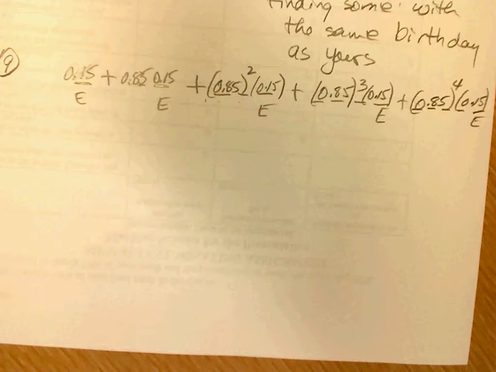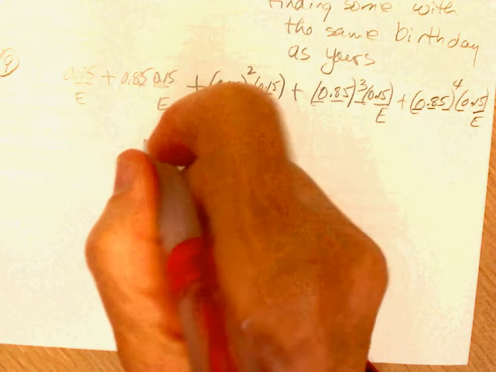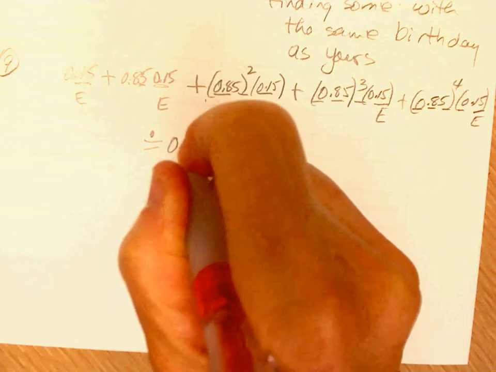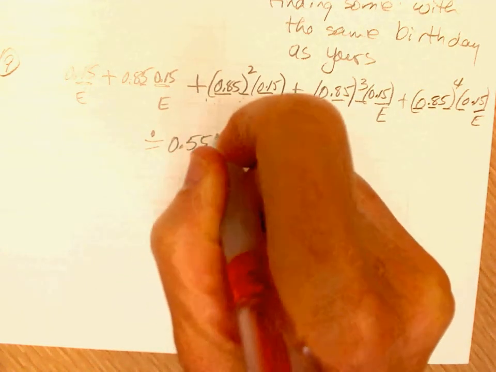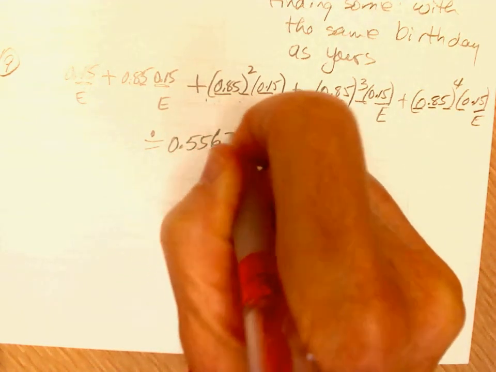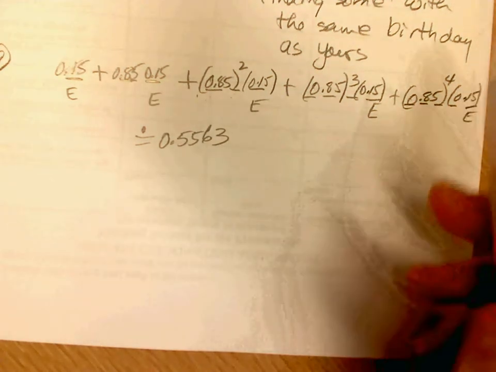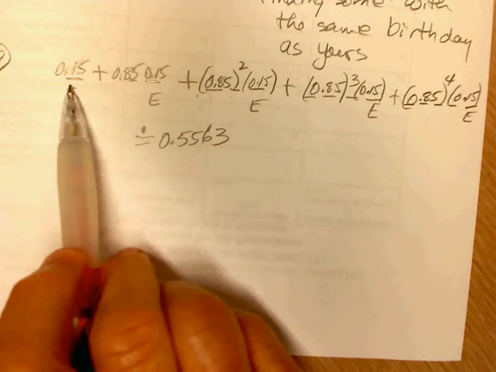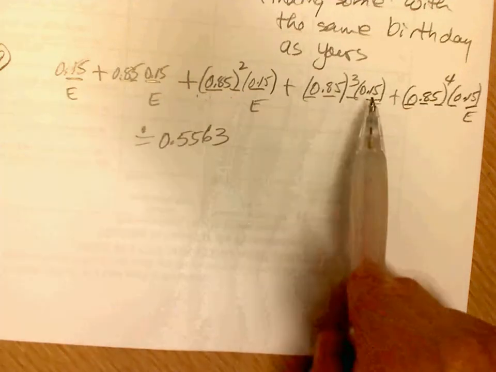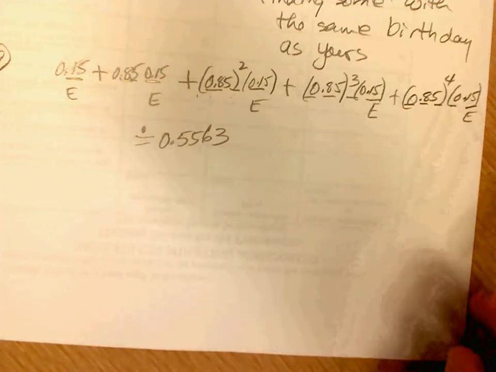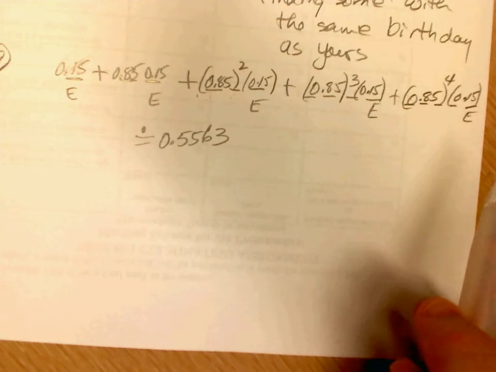I get 0.5563. Is that okay? So it's one of the first 5. So you start with the first one, or the second one, or the third one, or the 4th one, or the 5th one. Can I answer any other question?